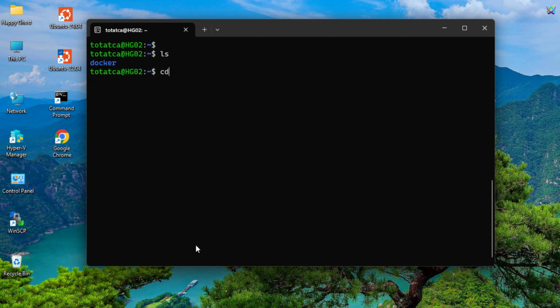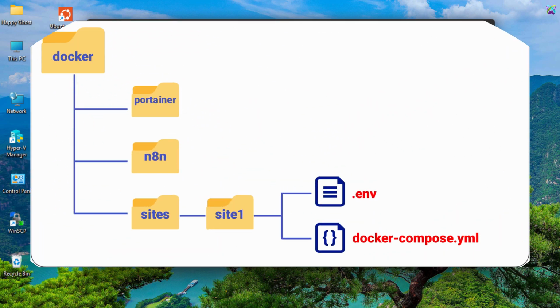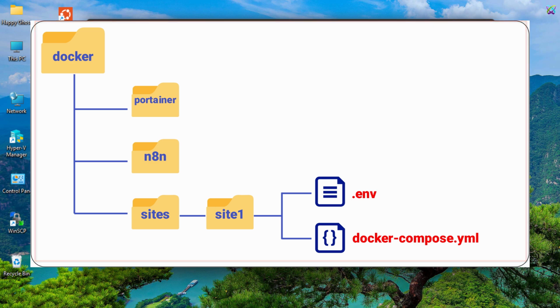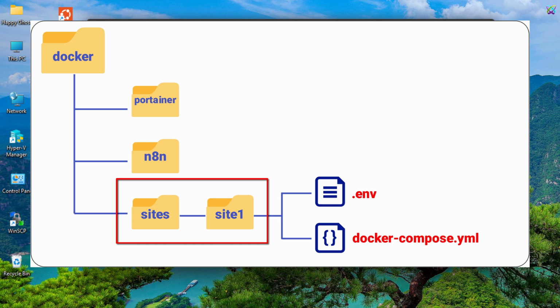In the previous video, I created a folder named Docker to keep all containers deployed with Docker in one place, making them easier to manage and monitor. For this website, I will organize the directory structure as shown in the diagram to make management clearer and more efficient. Inside the Docker folder, I create a sites directory to store websites, and each website will have its own folder, in this example, Site 1.